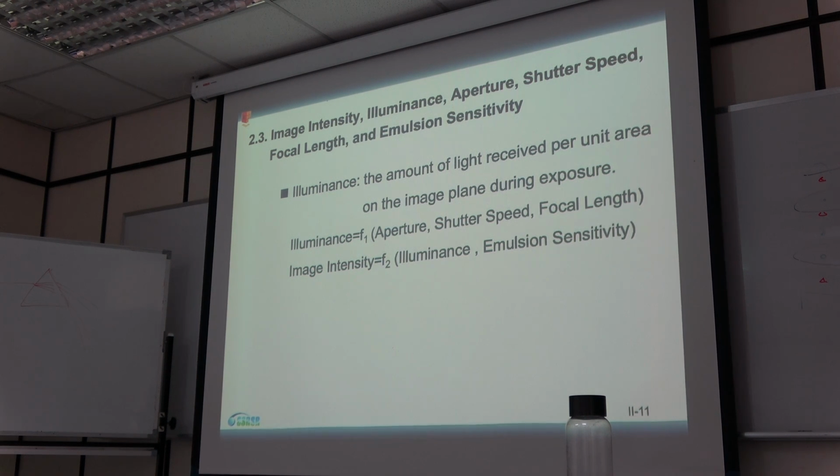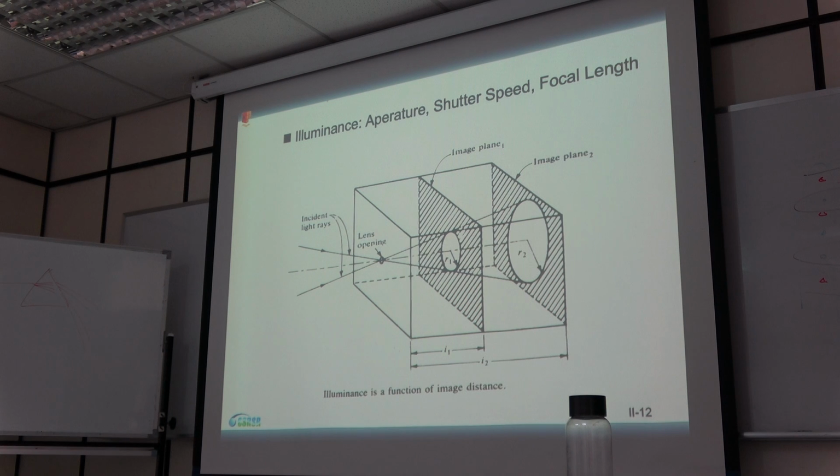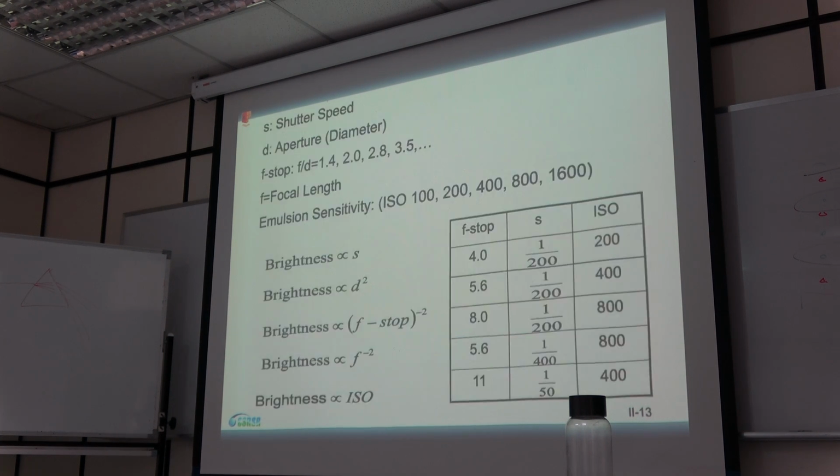However, the real image intensity is not only affected by the illuminance, it is also affected by the emulsion sensitivity, which is how sensitive your film is. That will decide the image intensity. For example, the larger the aperture, the more energy you have, and the longer the focal length, the less energy per unit area.